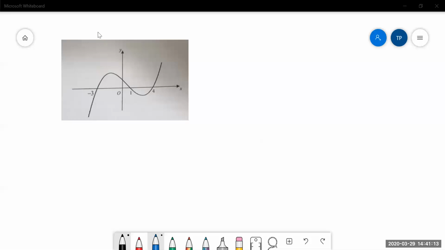Wait, there's no asymptotes for this one, right? There's no what? Asymptotes. From here, we don't see any asymptotes lah. But after transformation, there should be asymptotes. After transformation.